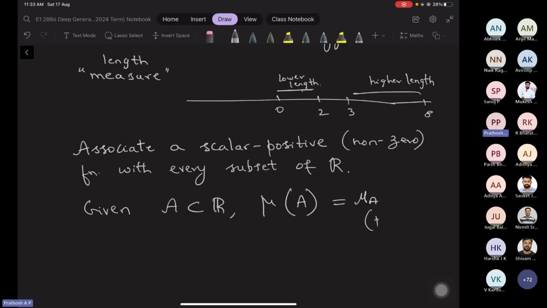It's a non-zero real number. Non-zero, it can be zero also. Let me say it's a non-negative real number. Yeah, that's what it is.